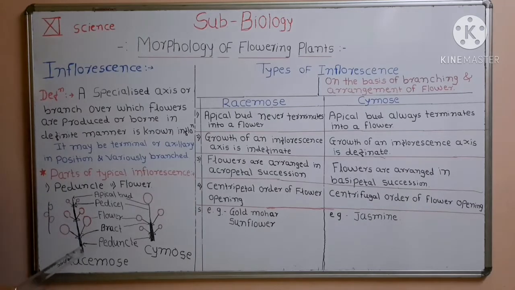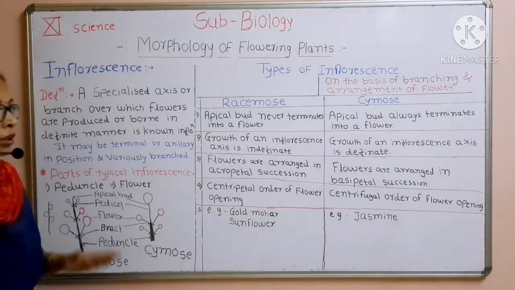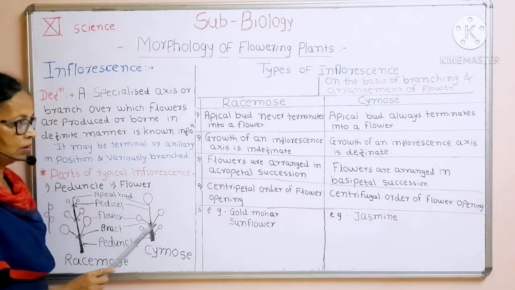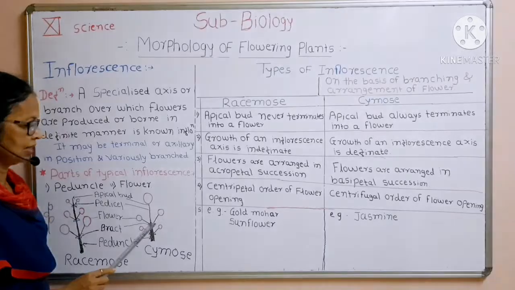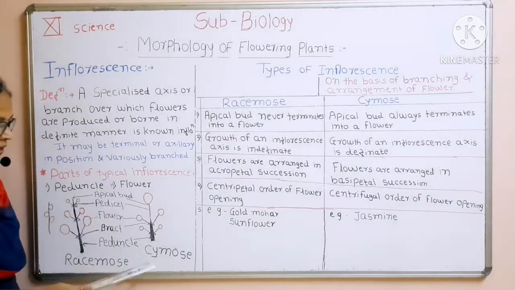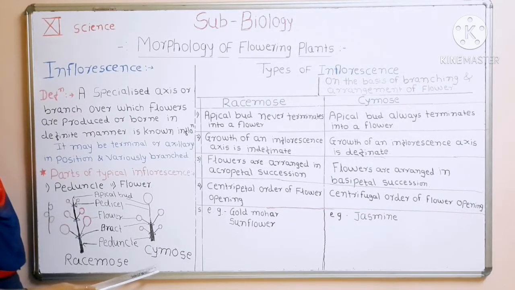That's why the racemose is also called an indefinite type of inflorescence. On the other hand, in cymose, the growth of the inflorescence axis is definite. That's why this inflorescence is also called a definite type of inflorescence.